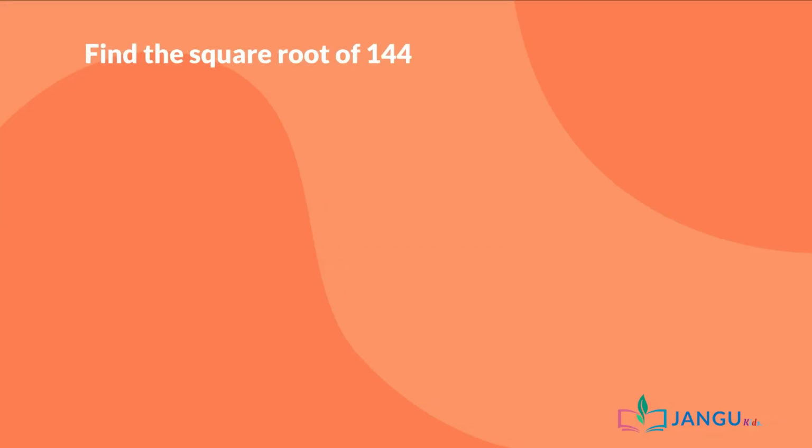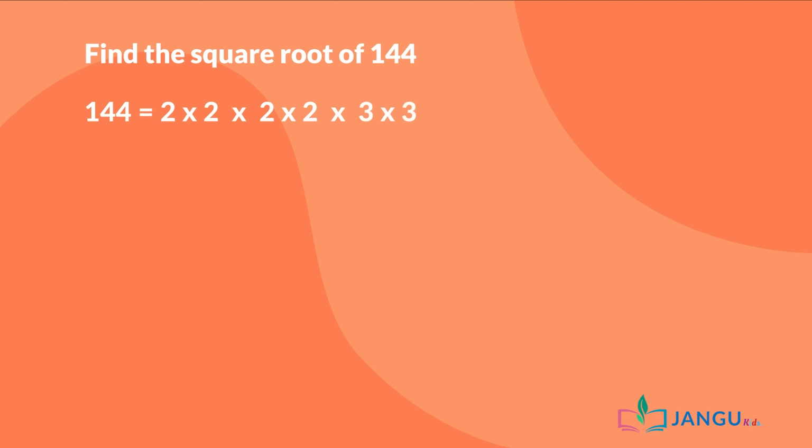Now let's find the square root of 144 by this method. 144 equals 2 times 2 times 2 times 2 times 3 times 3. Next, you group the prime factors. 2 times 2 times 2 times 2 times 3 times 3.